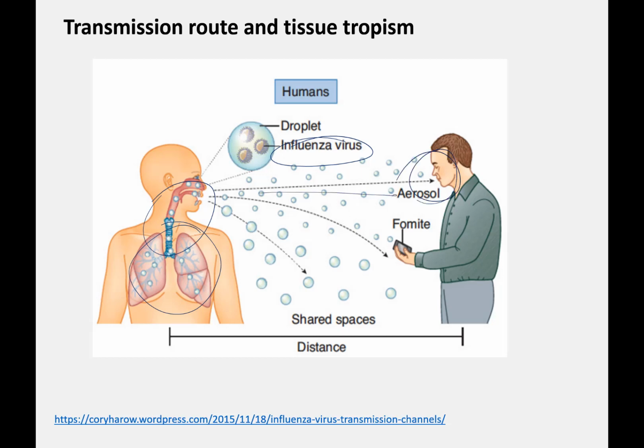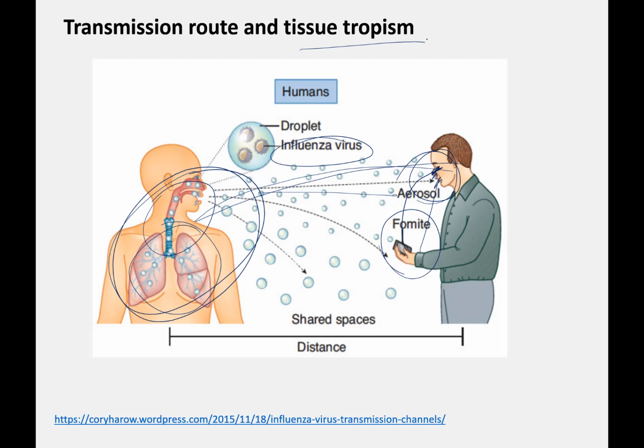And that's where it's going to hit this second guy. A little bit with fomites, and especially if he rubs his eye or maybe picks his nose or maybe puts his hand in his mouth, but definitely with this airborne transmission, it really correlates to the tissue tropism, the specific cell types or tissue types that the virus will infect.